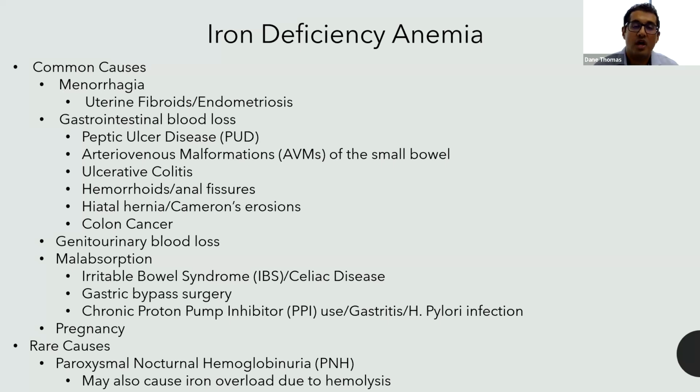One of the most common causes of iron deficiency in females, besides menorrhagia, is pregnancy. A rare cause of iron deficiency is paroxysmal nocturnal hemoglobinuria, also known as PNH. This can actually cause iron overload at times due to hemolysis in more advanced stages.